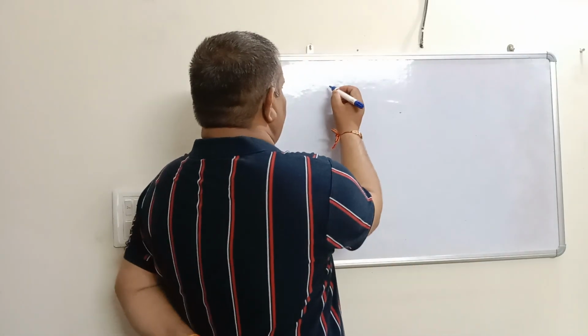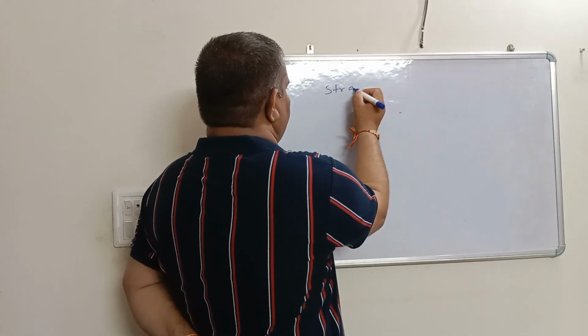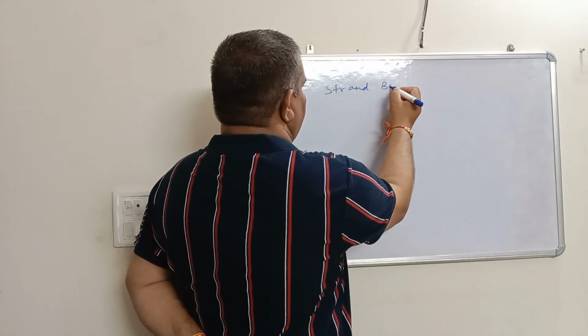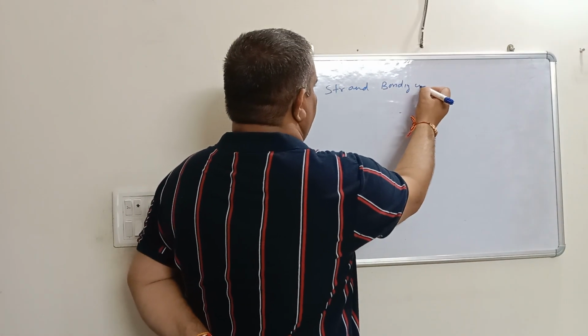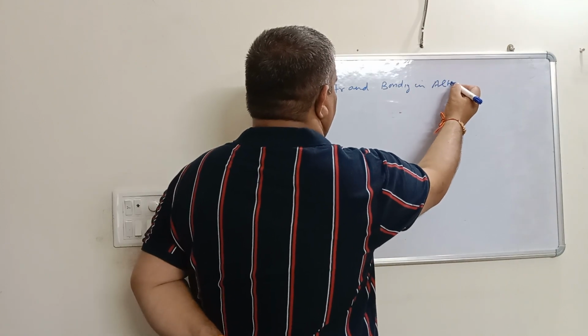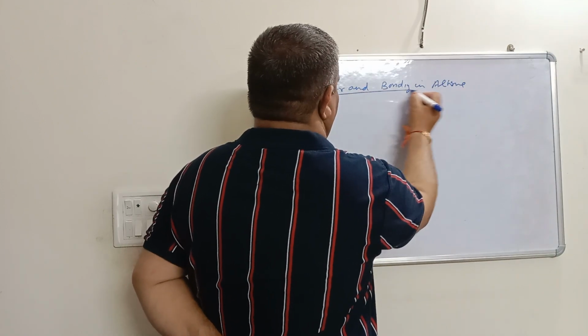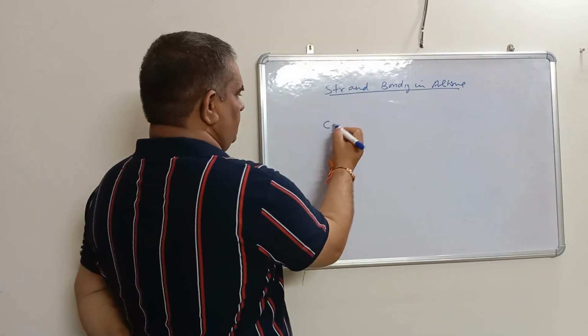Next is the structure and bonding in alkynes. This is acetylene.